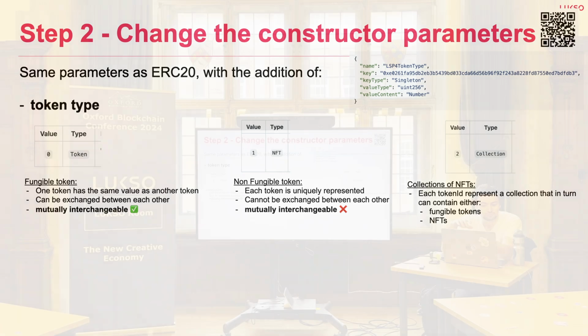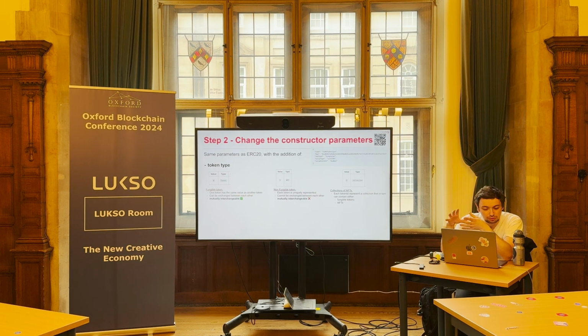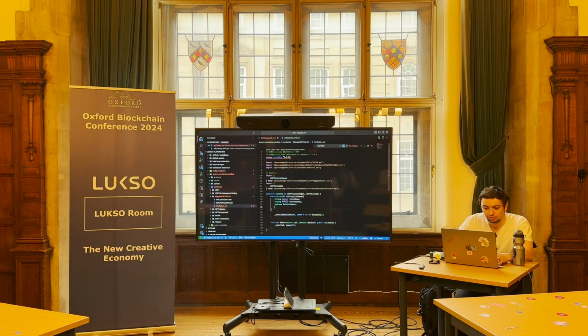So 0 says this is a fungible token, meaning each token has the same value as another. A non-fungible one means each token technically has the same metadata, but they are represented uniquely. The third one is a collection, meaning that each token is actually unique. So they are either mutually interchangeable or not, or they are representing a whole collection.